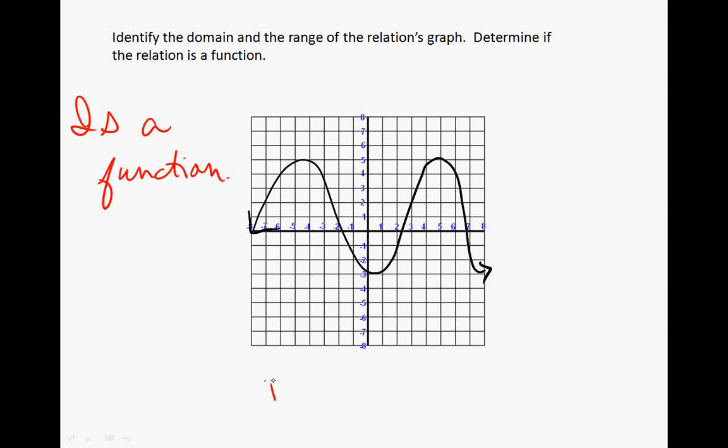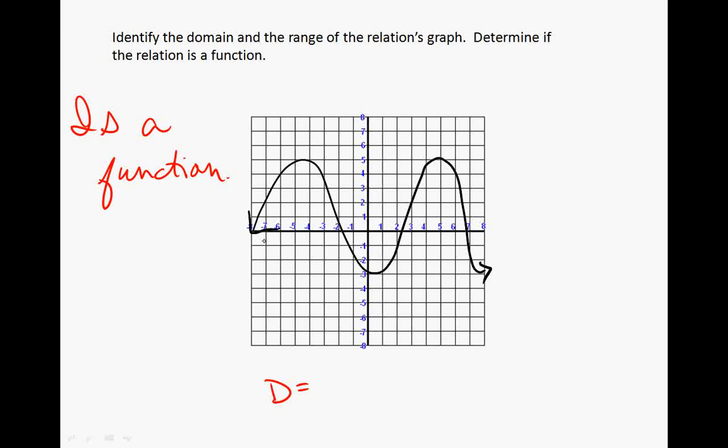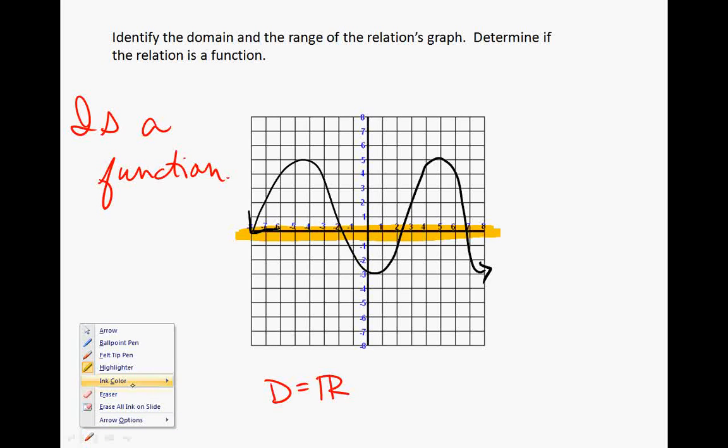Okay, the domain. Imagine smushing that graph along the x-axis. If it continues on infinitely towards the left and to the right, then every single x value is represented on here. So my domain is any possible real number. Now let's compare it to the y-axis to find the range.